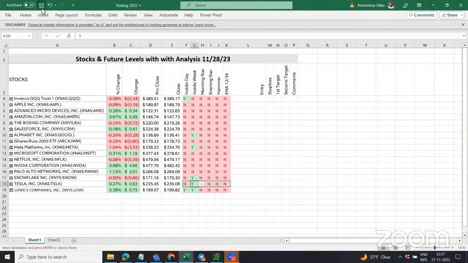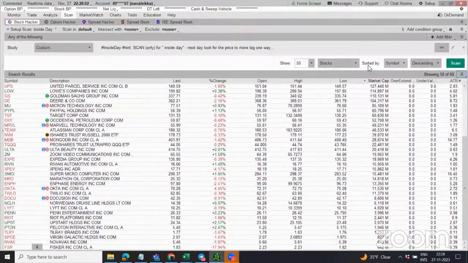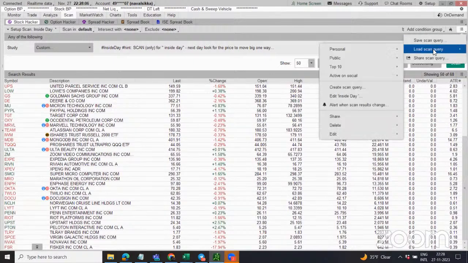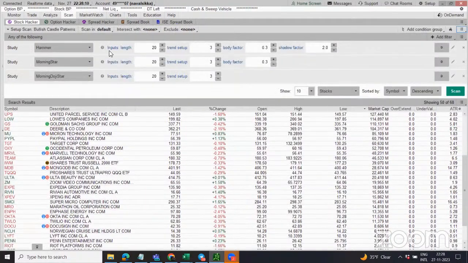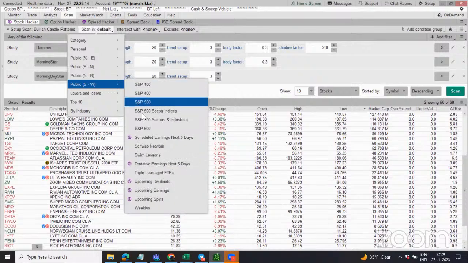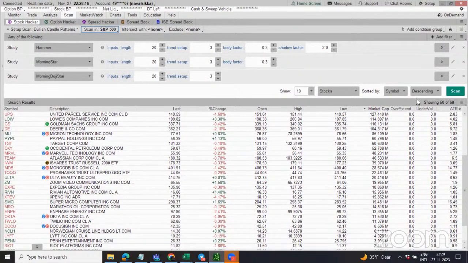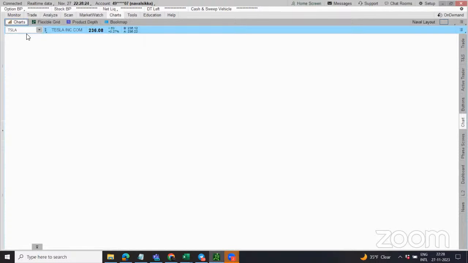Okay, let me save them. Let me see if I have any of the inside days on. Not inside day. Any bullish candle patterns? Again, I'm gonna search now. I'm expanding the search into S&P 500. AMP, Ameriprise. Let's see what we have on AMP.